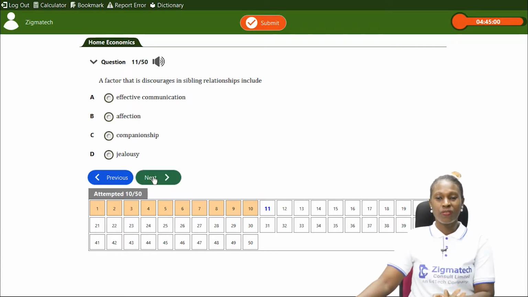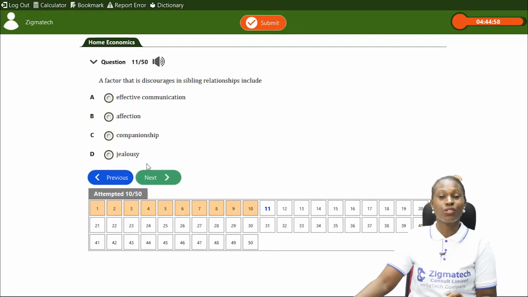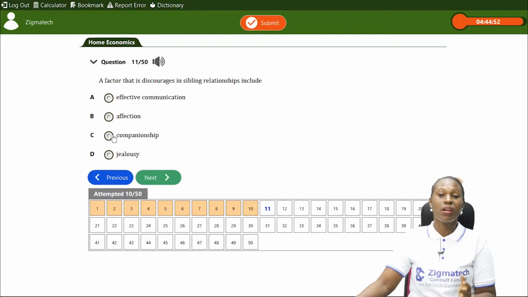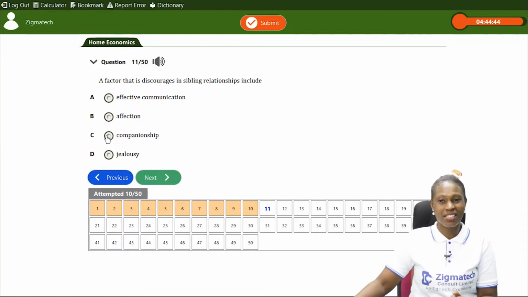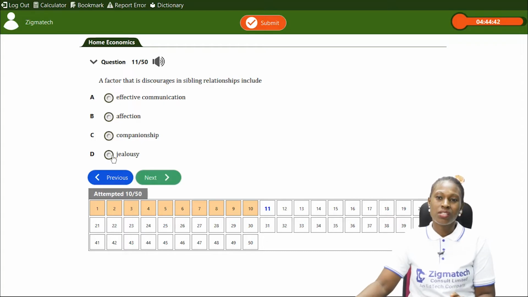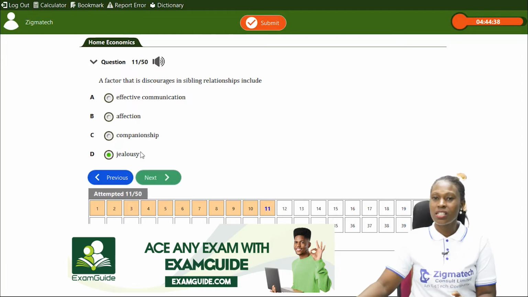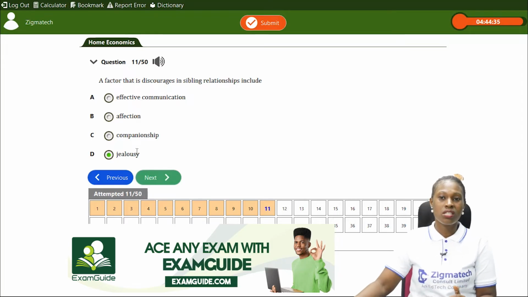We have a whole lot of them here that should be encouraged, such as effective communication and affection. Siblings should be affectionate to one another. They should find companionship in themselves. They should be friends. And the one that should be discouraged, of course, is jealousy.